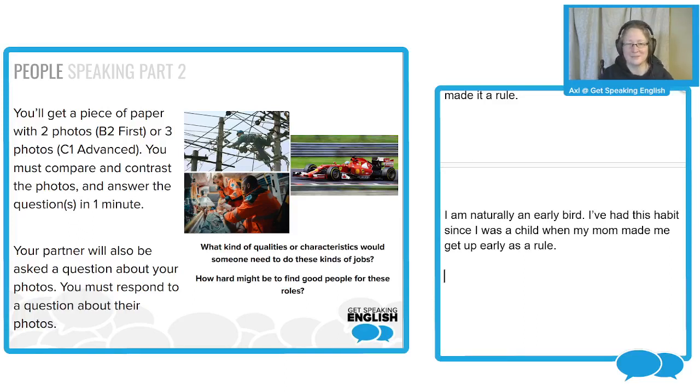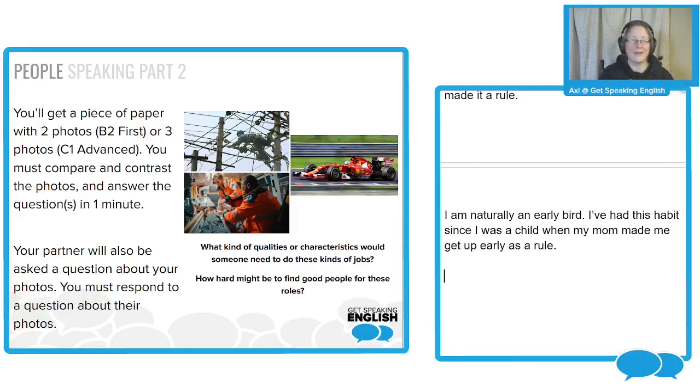All right. So part two, we have this task. You get a page. B2 will have 2 photos on it. C1 Advanced has 3 photos on it. For the B2 there's only 1 question. For the C1 Advanced, there are 2 questions.